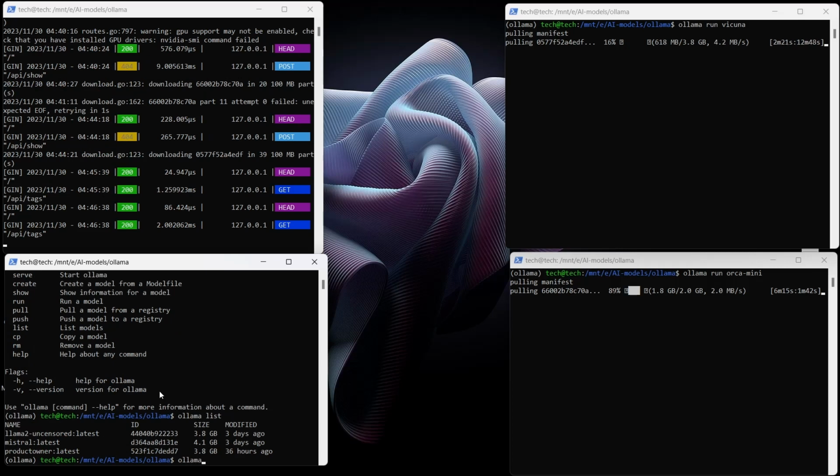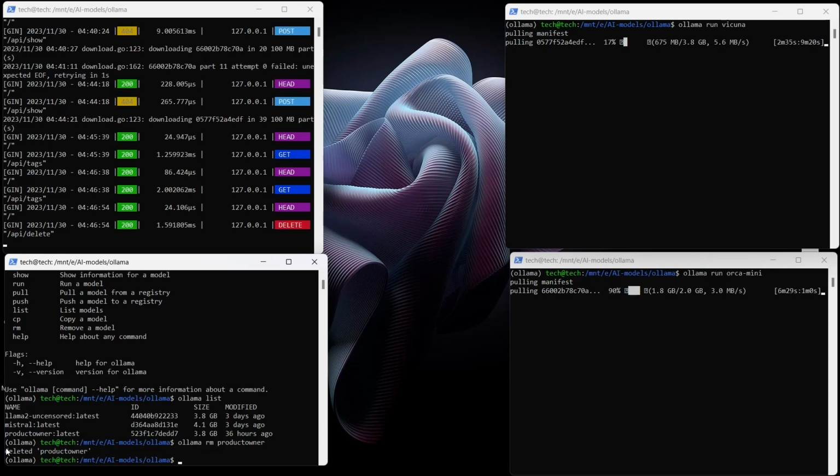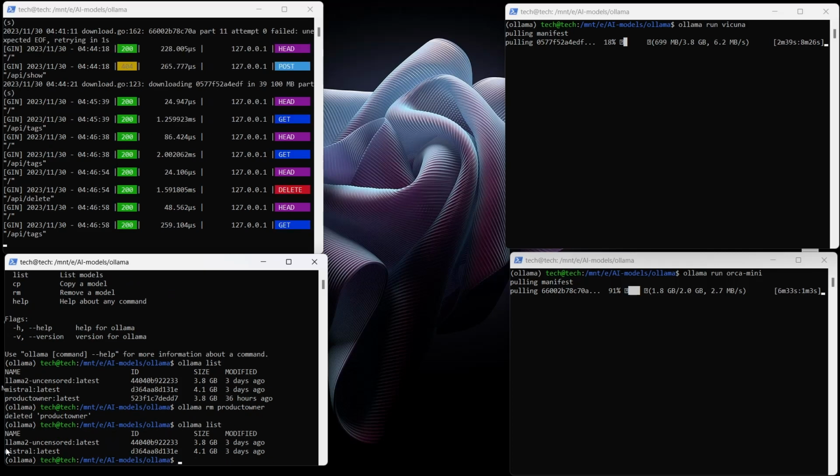So Ollama rm, and we get rid of this one. The name was product owner. Enter. And the list, and you see it's not in the list anymore. So that's good. You've seen how to organize your models. Maybe you don't have any more memory or something like that. You can get rid of those using this command.